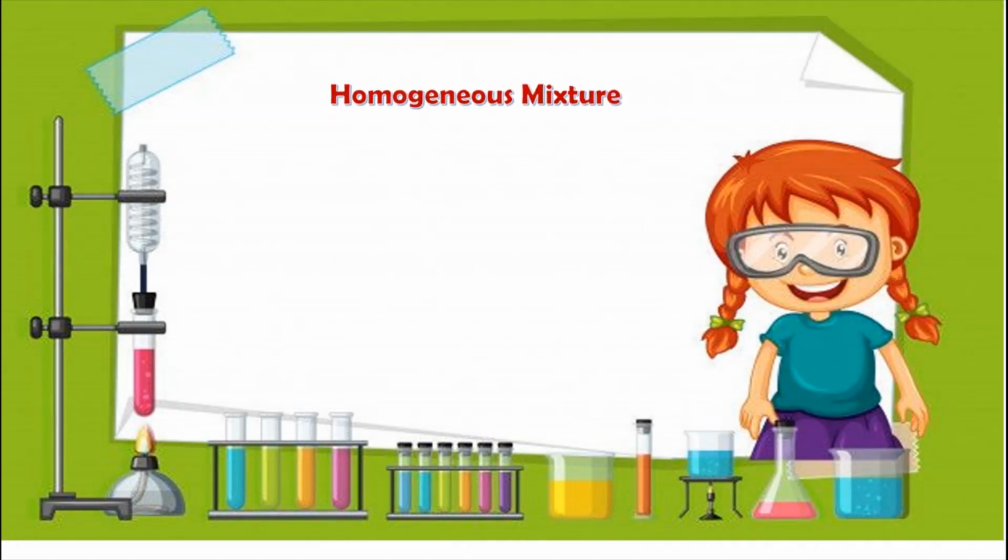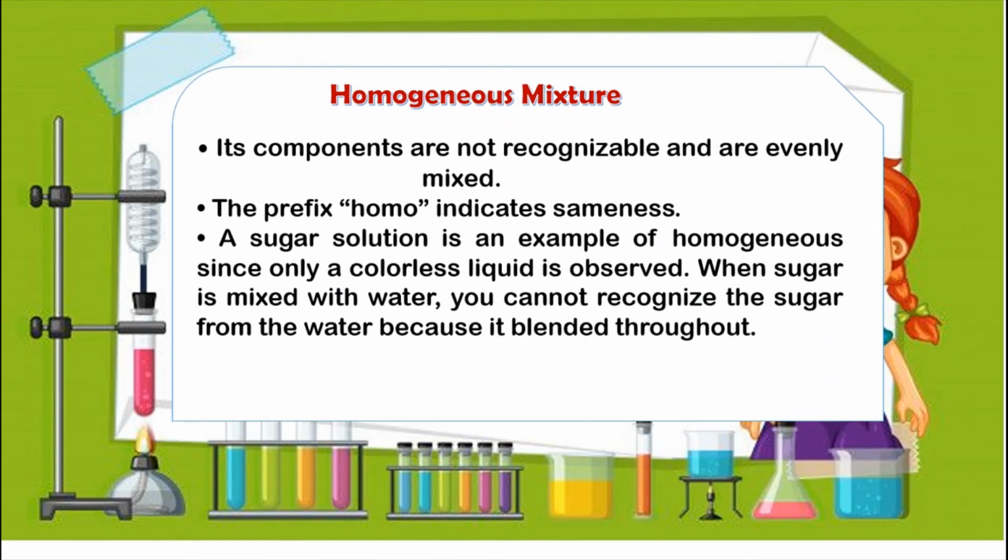In the homogeneous mixture, its components are not recognizable and are evenly mixed. So, dili na nato makita kung ma-mix na siya with the other substances. The prefix homo indicates sameness.